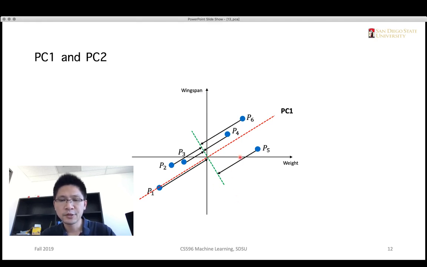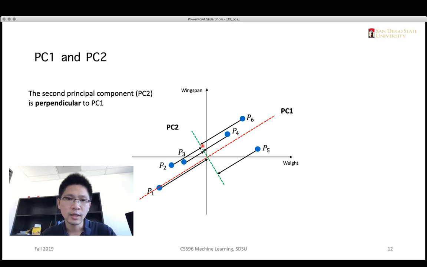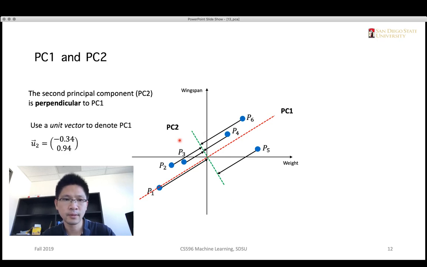If you project all the data points onto PC2 and compute the total sum of squares, you will find that the total sum of squares along PC2 is much smaller than along PC1. Also, we can use a unit vector to represent PC2. So U2 is negative 0.43 and 0.94.